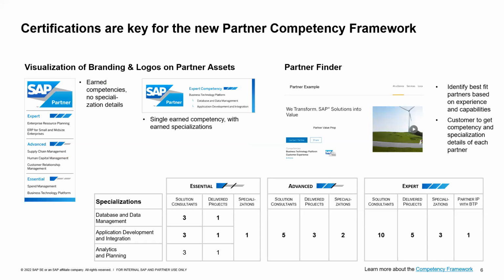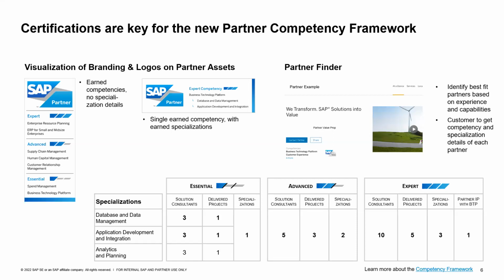In addition, we have recently launched the new partner competency framework, which categorizes partners by the competency and the specialization they offer the market, giving customers transparency on the skills, expertise, and the maturity of a partner's SAP practice. It provides partners with new branding and logo opportunities and plays a critical role in ensuring customers can find the right partners on the partner finder.